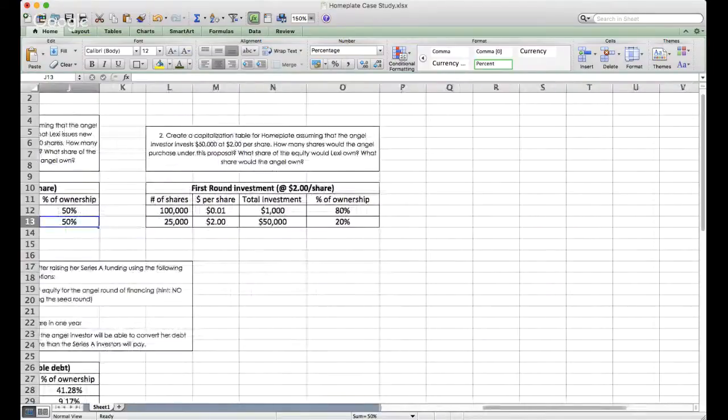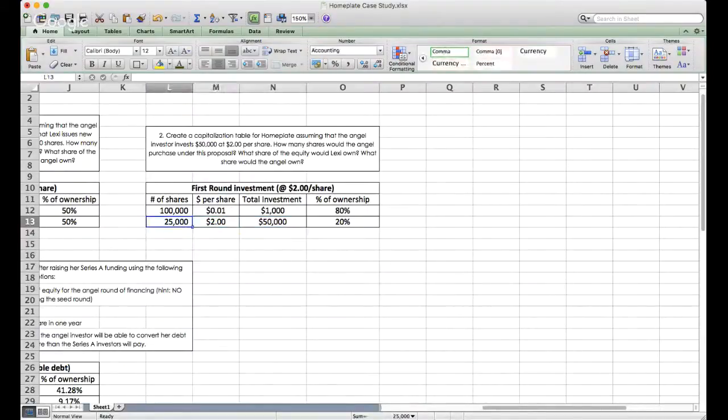Then create a capitalization table for Home Plate, assuming that the angel investor invests 50,000 at $2 per share. How many shares would the angel purchase under the proposal, and what share of equity would Lexi own, and what share would the angel own? So again, 100,000, same thing here. This time, angel 50,000 invested at $2.